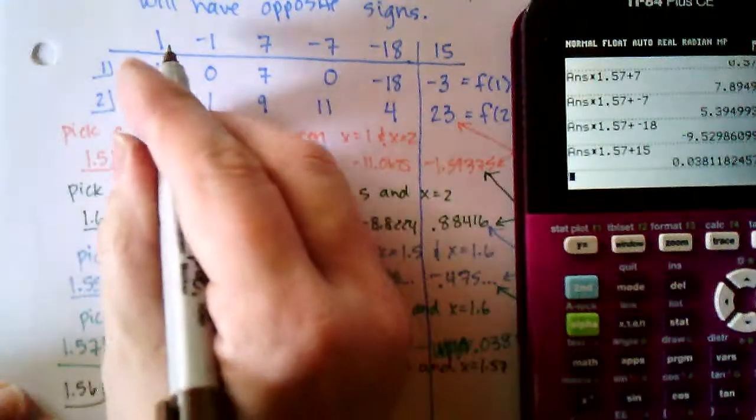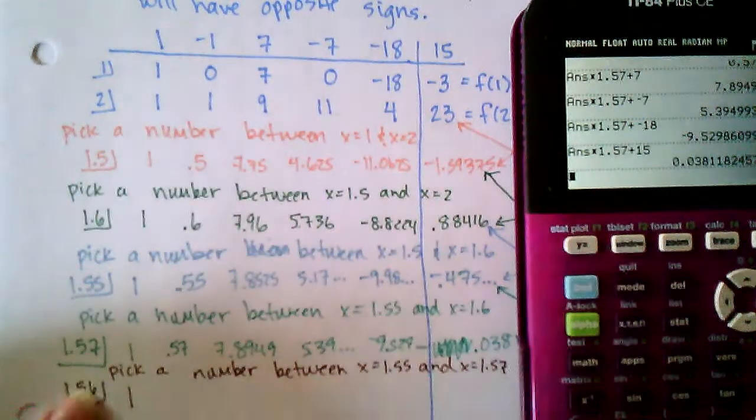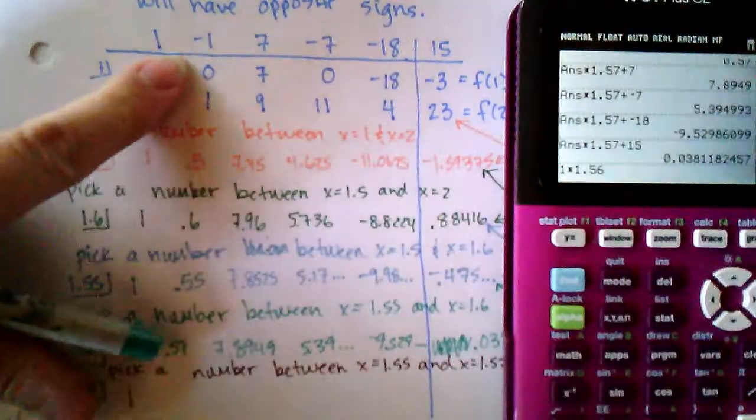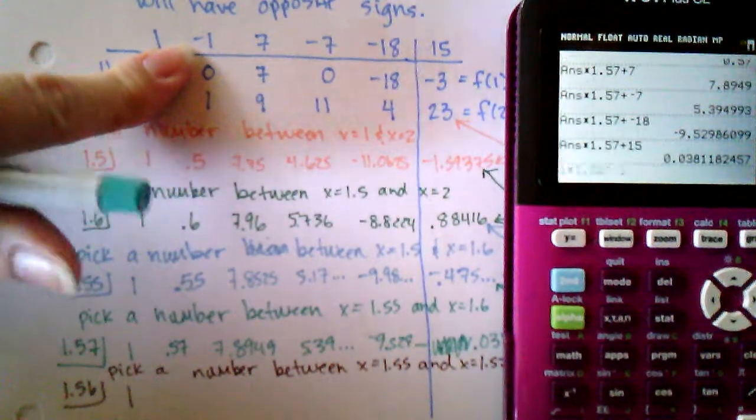So again, we bring that 1 straight down, and then we do 1 times 1.56. We add it to the negative 1 up here.